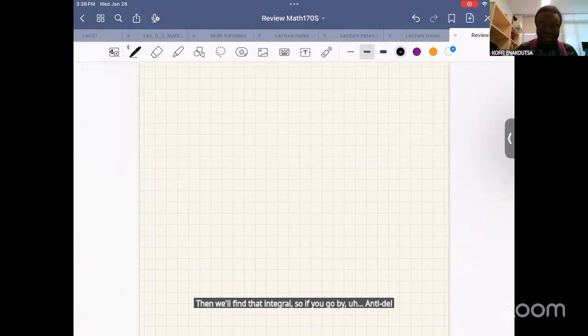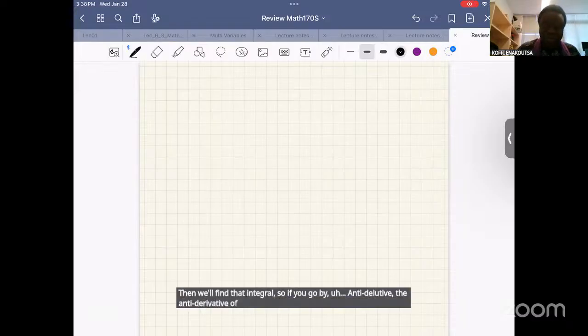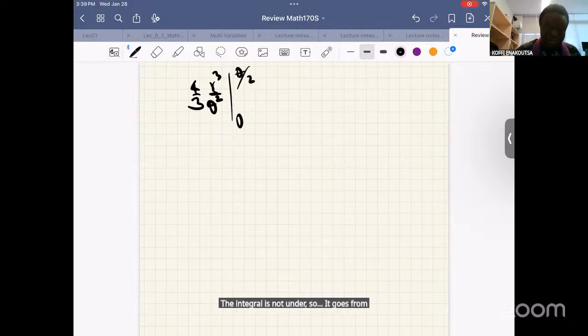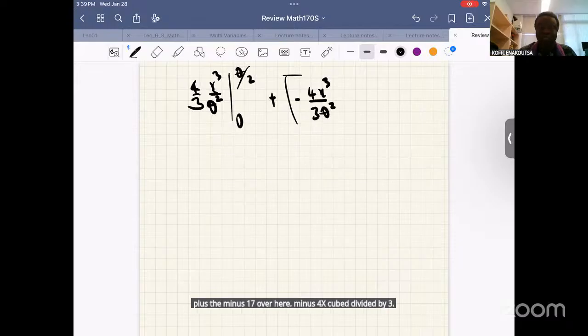the antiderivative of the first term will be, let's see, 4x squared is then 4 divided by 3 x cubed over theta squared. The integral goes from 0 to theta divided by 2. Then the first term is a minus, and same thing over here: minus 4x cubed divided by 3 theta squared for the first term.